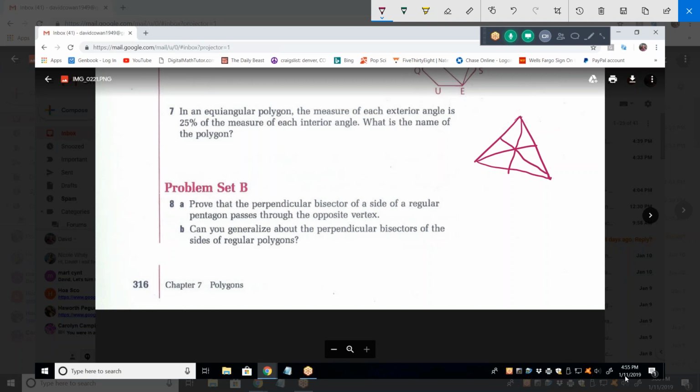So it doesn't ask us to prove it. It just says, can we generalize it? Well, it works for a pentagon. It works for a triangle. How about a quadrilateral? How about a square? Does not work for a square.